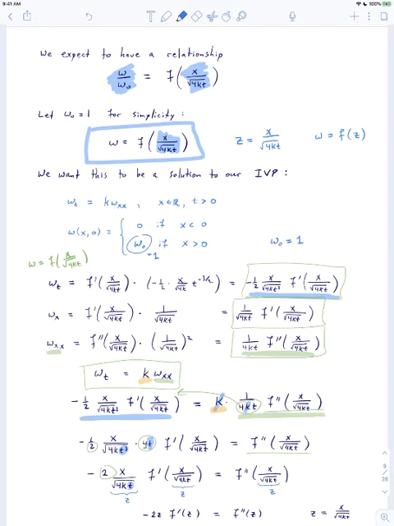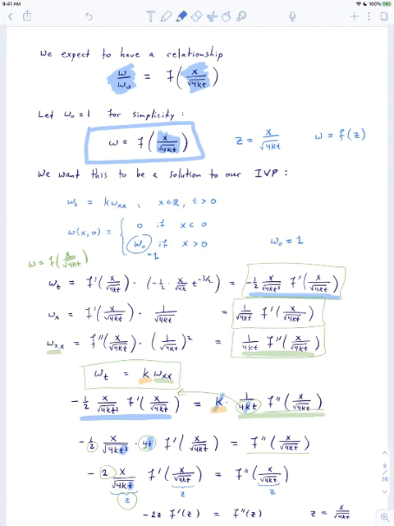So notice that what we're left with, of course, we have this -2, as we mentioned, but then we have an x over the square root of 4kt. Now this quantity is what we were calling z. When I say we were calling it z, I called it z up here. So that is z.